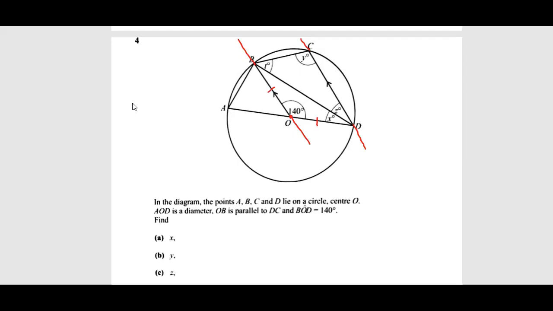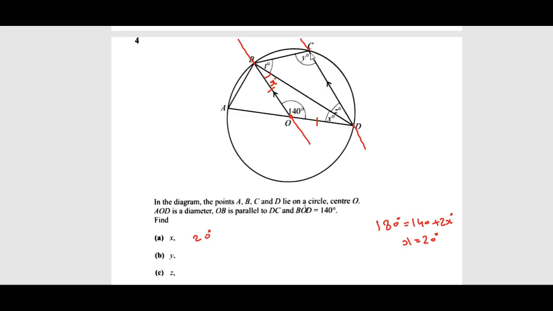This becomes an isosceles triangle. So this angle would also be X. So I got an answer, let's see, 20. Very good, Rania, excellent. Okay, so sum of angles in a triangle is 180. We have 140 plus 2x degrees and x is going to be 20 degrees. Very good. Okay, this is x.